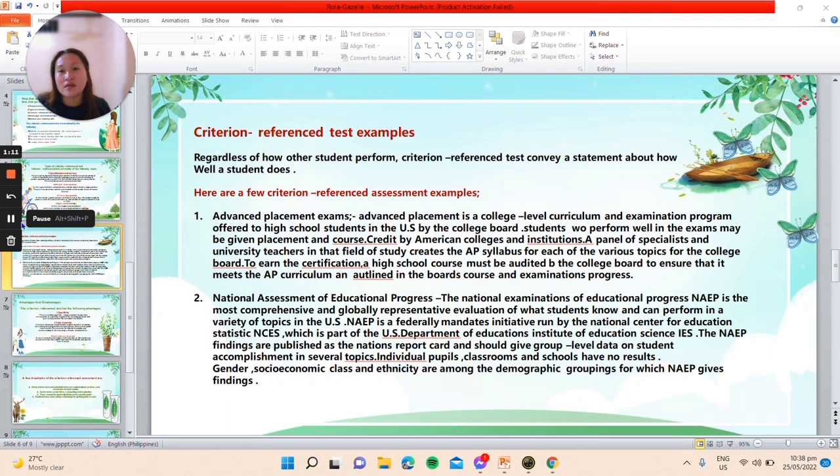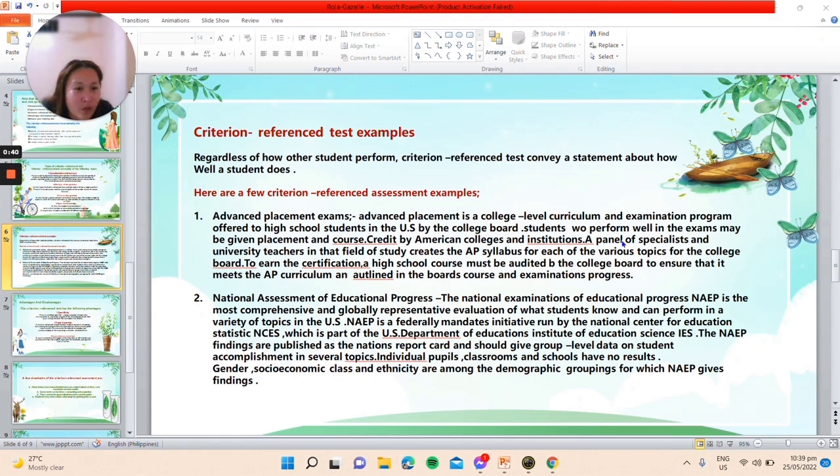Criterion reference test examples. Regardless of how other students perform, criterion reference tests convey a statement about how well a student does. Here are a few criterion reference assessment examples. Number 1, Advanced Placement Exam. Advanced Placement is a college-level curriculum and examination program offered to high school students in the U.S. by the College Board.